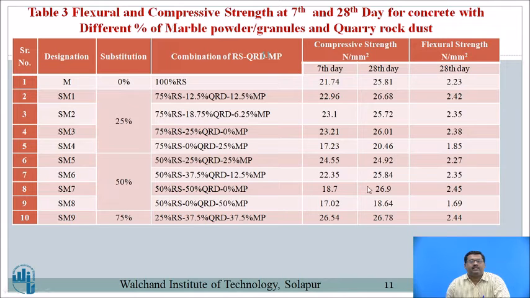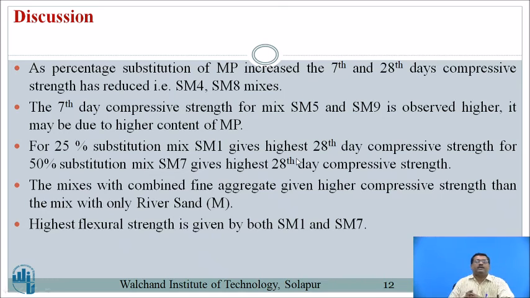Now, the 28 day strength is very good in case of SM7. So, these strength variations are there, but the ultimate strength is the 28 day strength, which is the comparative point. Let us see the discussion of this table.